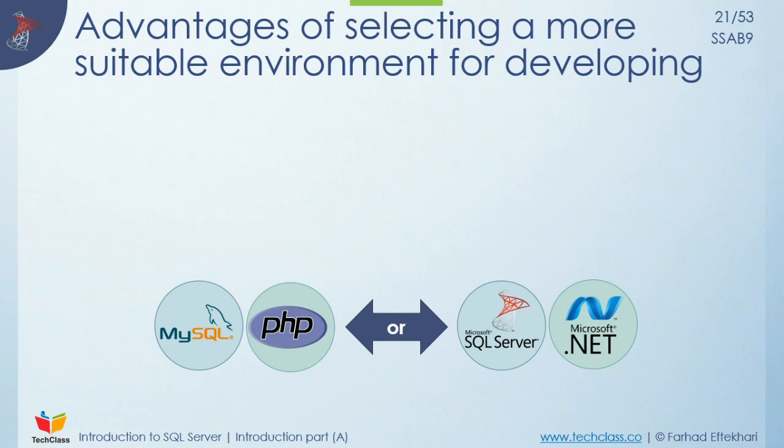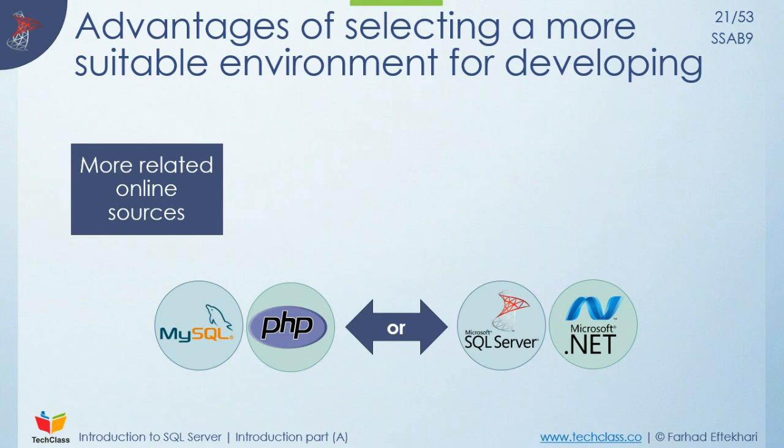My tip for you is to try your best to use the same family of technologies when you're working on your applications, for many reasons. First of all, there are so many more related online sources when you are working with the same family of technologies, and so many articles online, so many other people previously worked with these technologies together.